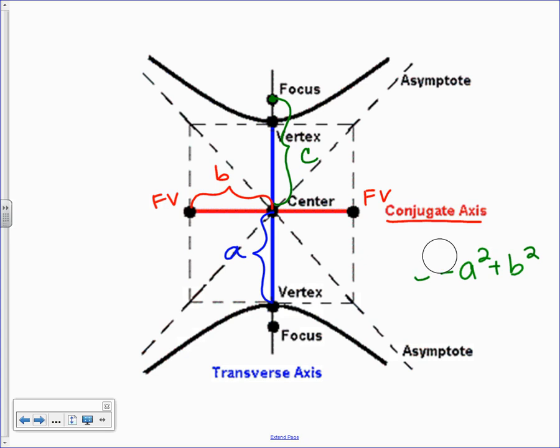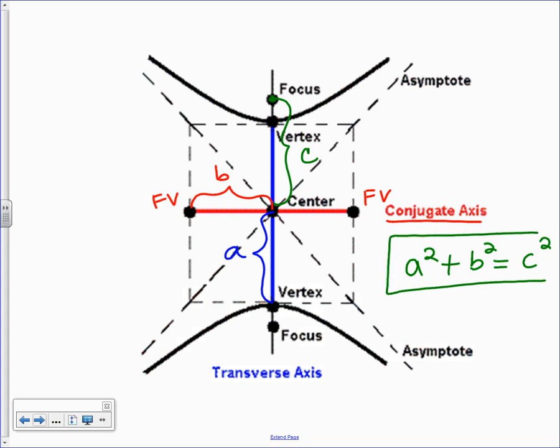Let's relook at that. Before, for an ellipse, we had A squared plus B squared equals C squared, or A squared equals B squared plus C squared. This time we're going back to this form for a hyperbola. C is the biggest thing, and so it has to be what we're equal to. All right. Fantastic. Moving on.